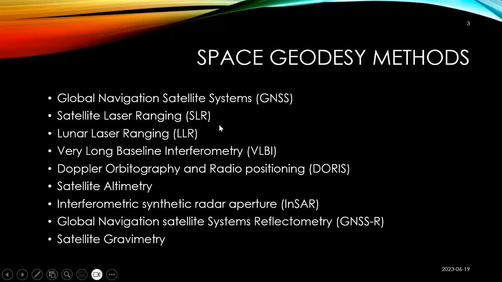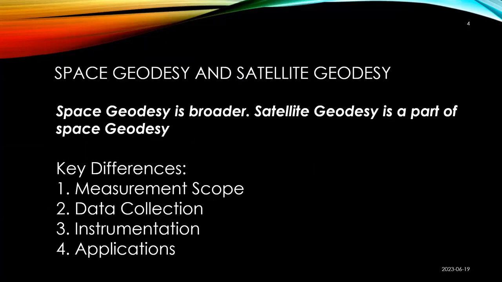Satellite laser ranging, lunar laser ranging, very long baseline interferometry, Doppler orbitography and radio positioning, or DORIS, satellite altimetry, interferometric synthetic aperture radar, GNSS reflectometry, and at the end, satellite gravimetry. I will try to explain these briefly during this lecture.